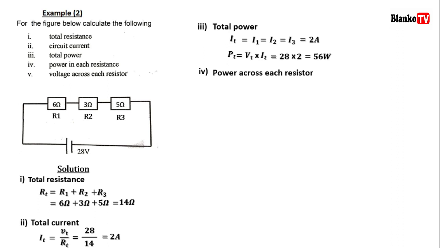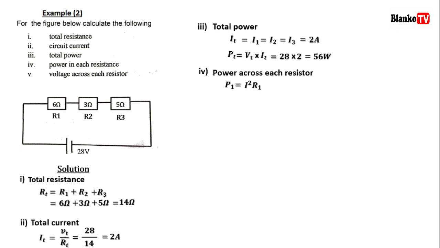Okay, so P1 equals I squared R1. I is the current, that is the supply current, or the total current, or the current that flows through R1, because it's a series network, so the current is common.